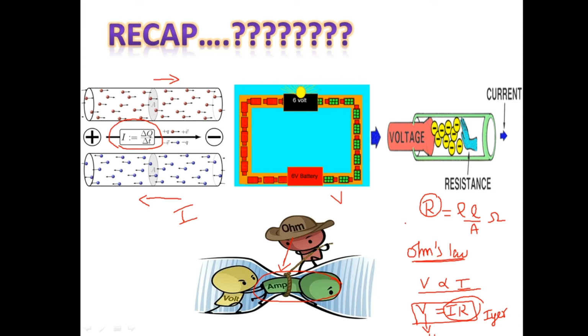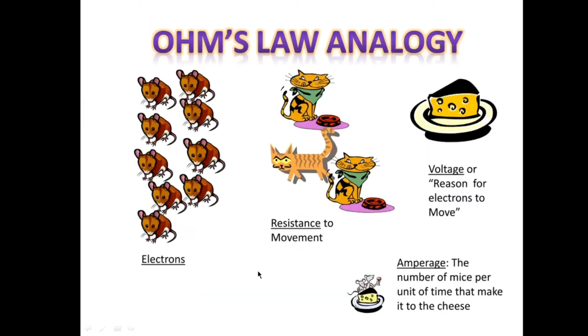I'll show you one more analogy for Ohm's law over here. As you're seeing, the electrons are the rats, and the rat wants to get the cheese, right? What do they have in the middle? That is the cats.